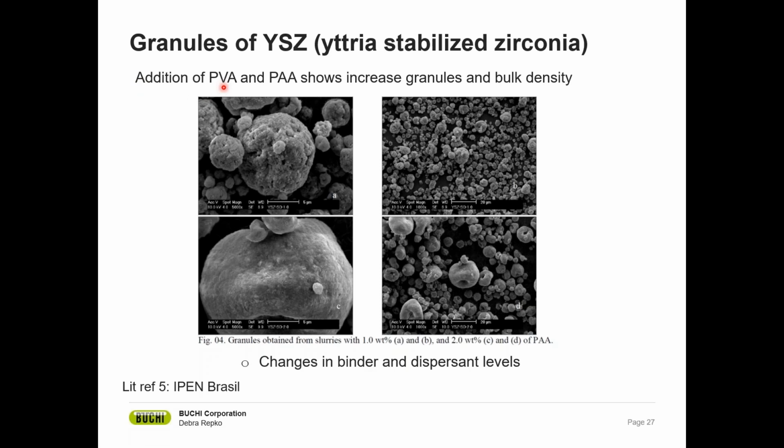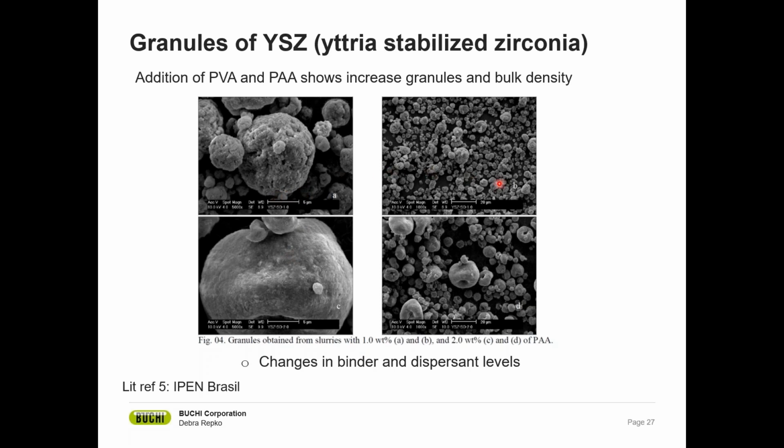PVA was at about 0.5% solids. And basically they were manipulating the formulation with different percent solids of a dispersant known as PAA, or I believe the trade name is called Duramax. And this really changed the size of the granules.